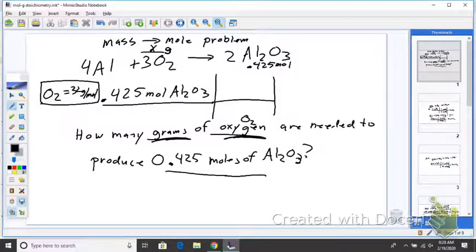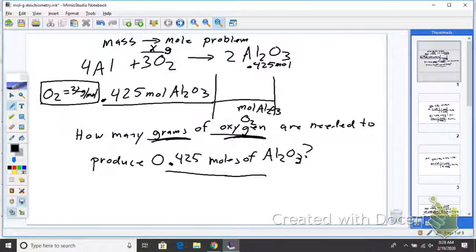So this is moles. What would you think would go down here? 1 mole of Al2O3. Okay, Al2O3. Now let's be careful, because we're used to using 1 all the time, since we're comparing grams to moles. So let's be careful to know where we need to go. We need to go to oxygen.